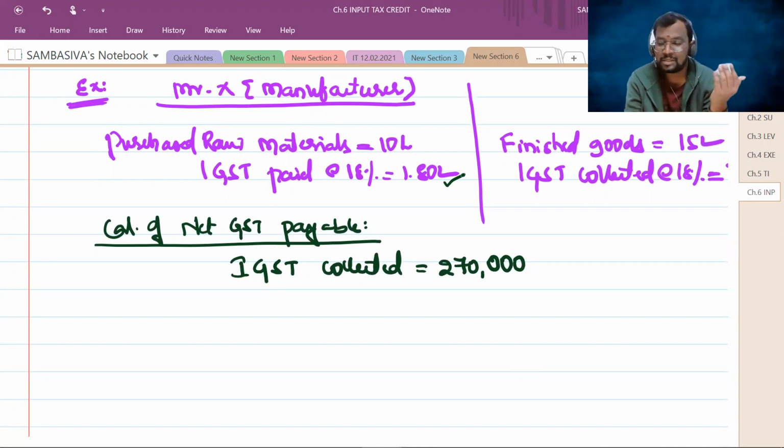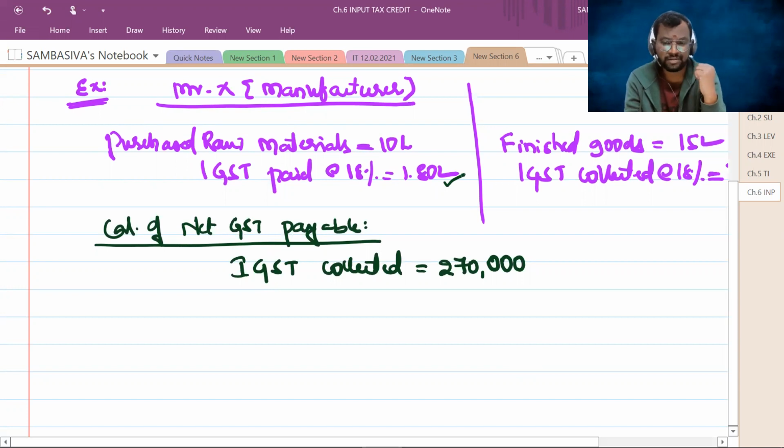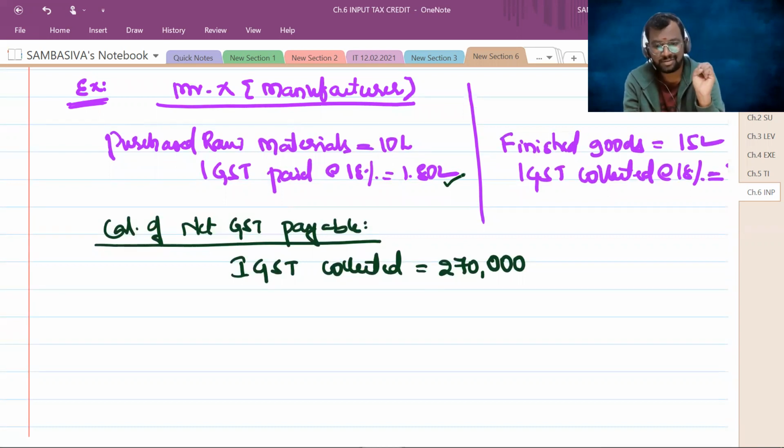So at the time of purchase of input goods, or capital goods, or at the time of receipt of input services, whatever taxes we have paid, those taxes are what we call input taxes. And such input taxes you can take as credit from the output taxes collected.